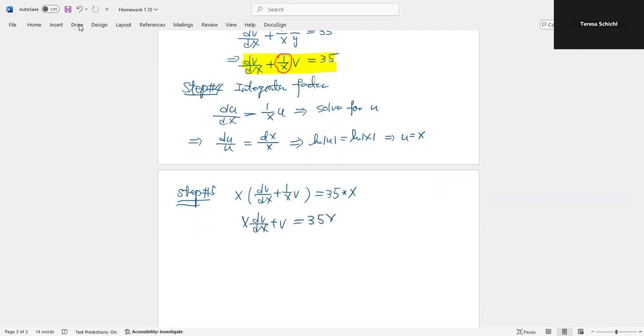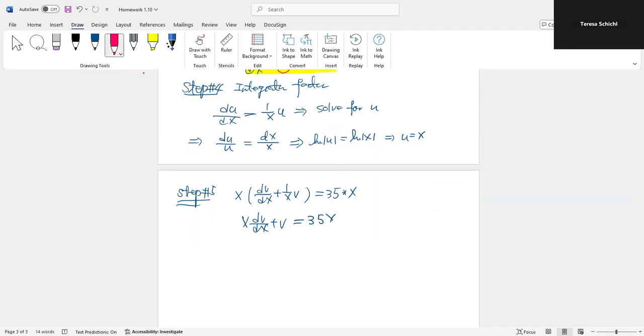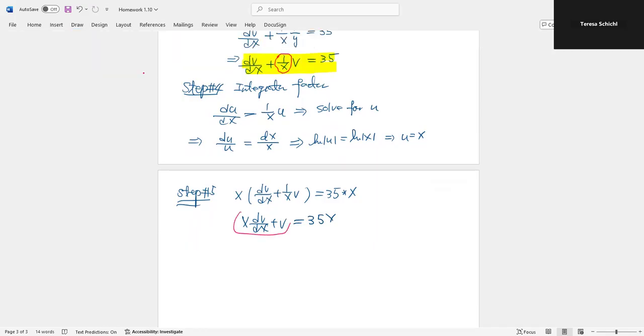So remember that. What is this one here? This is equal to the derivative of x times v. If you take the derivative, by the product rule, it's x times dv plus v times the derivative of x. So I know I did it right here.